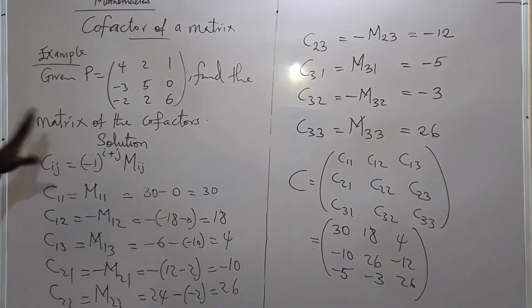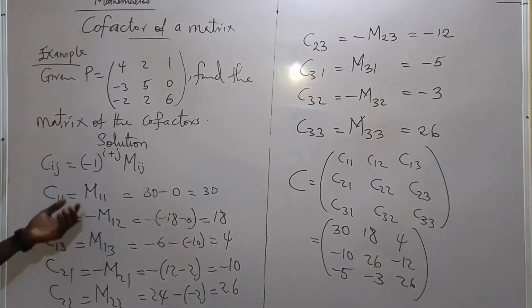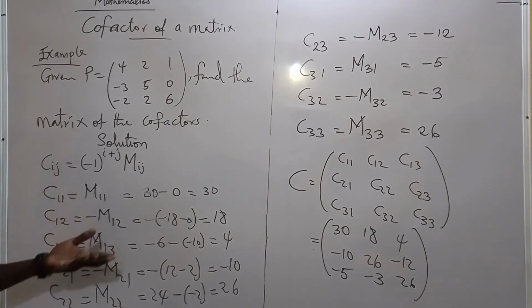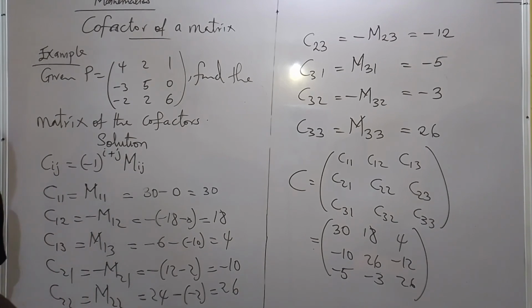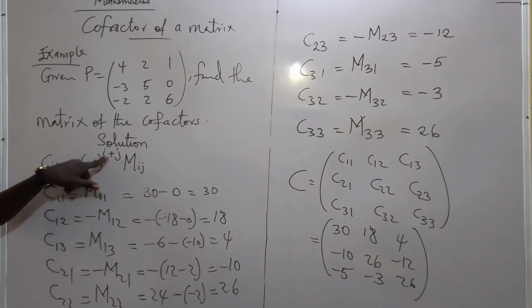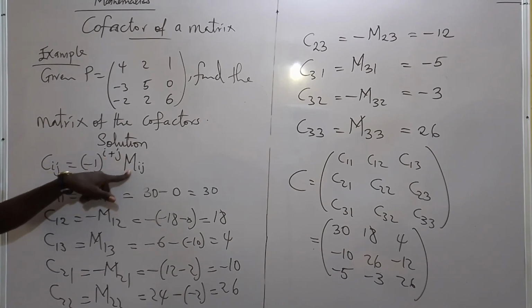So when you are given a matrix and the question simply asks you to find the matrix of the cofactors, or the cofactor matrix, or simply cofactor, just take the definition. Cij equals minus 1 raised to i plus j times the determinant of the leftover matrix when the ith row and the jth column corresponding to an element are deleted. That's the minor, the Mij.